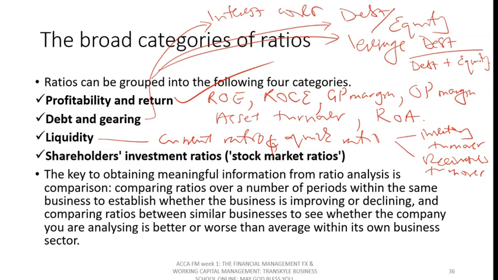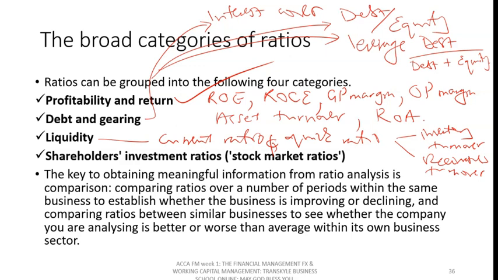There are also other ratios which are called shareholder or investment ratios, which you are also required to know. For example, the dividend yield, and also earnings per share is an investment ratio. So we are required to know those.